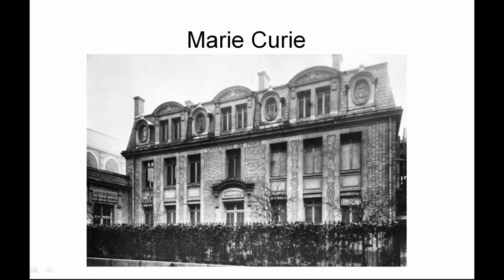This is a research institute building in Paris. You can see this building belongs to the University of Paris, and this is where Marie Curie's lab used to be. And another question that I ask when we talk about Marie Curie, I ask my students if they know why she died.